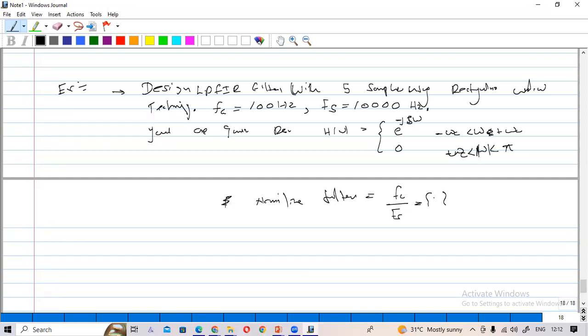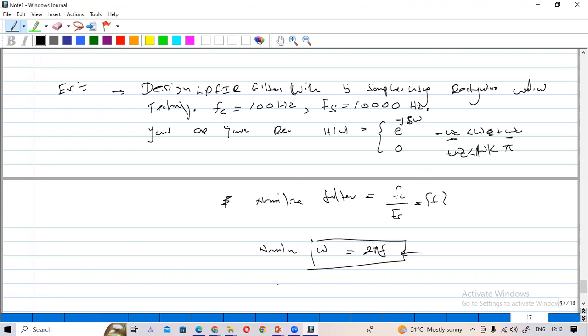Then you have to find the normalized omega using omega equal to 2 pi f. Using this, you can calculate the normalized cutoff frequency.